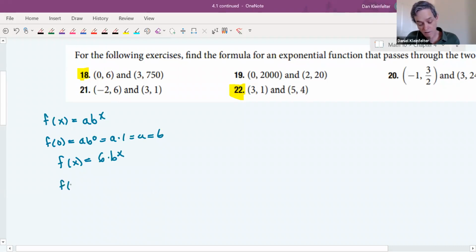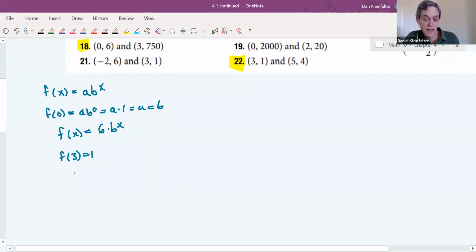So we know that f of 3 has to equal 1. Since f of 3 has to equal 1, f of 3 is equal to 6 times b cubed, right? X is 3. That has to equal 1. Okay, sorry, I'm using the wrong point.